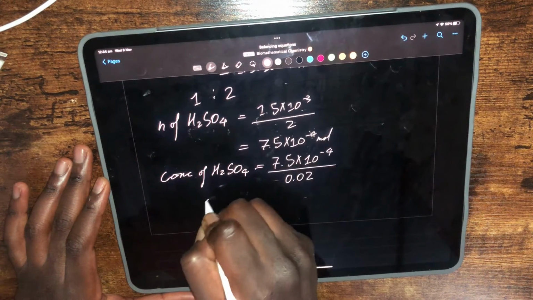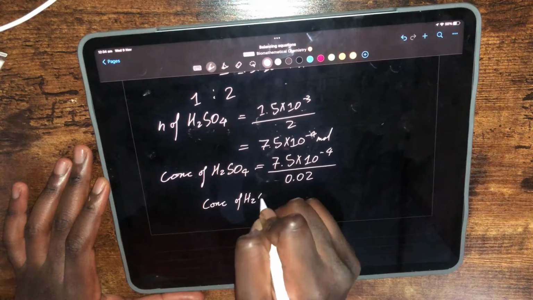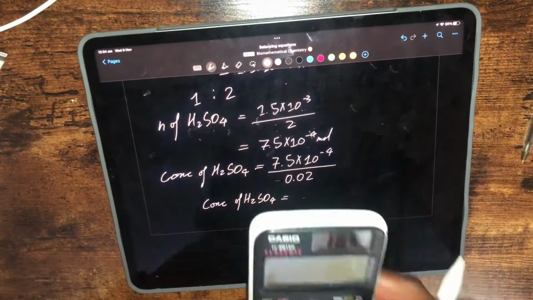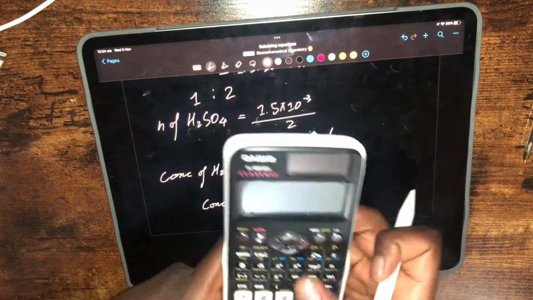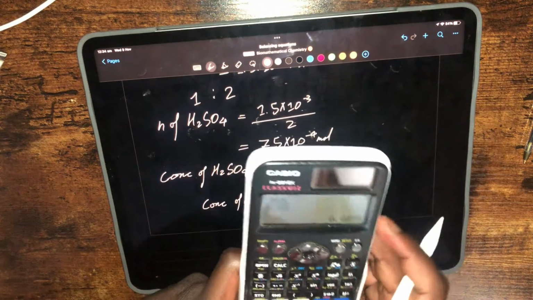Therefore, our concentration of H2SO4 is equal to 0.0375.